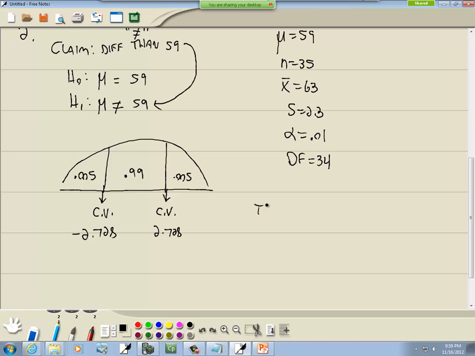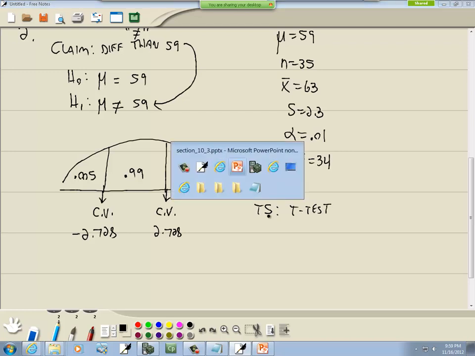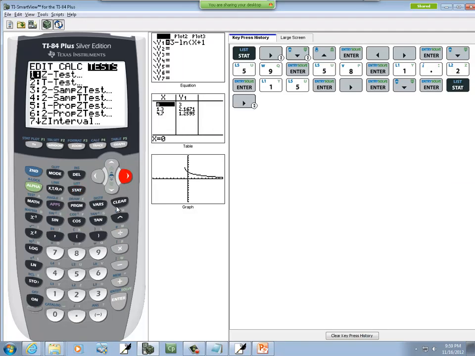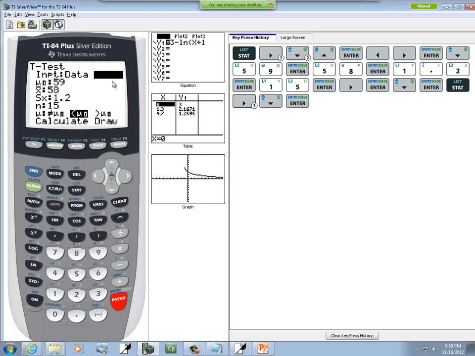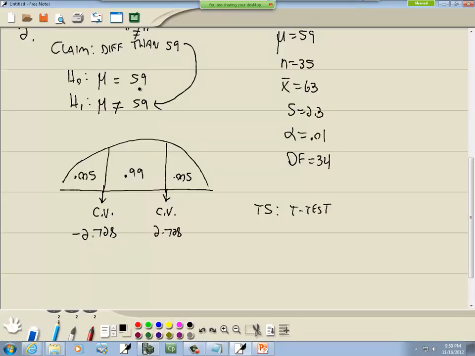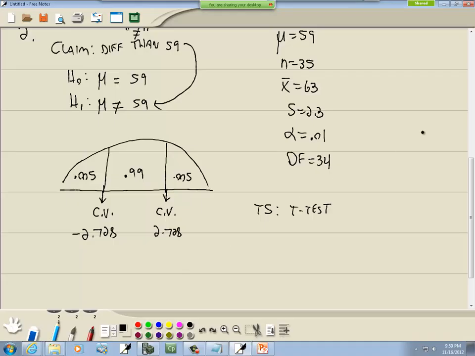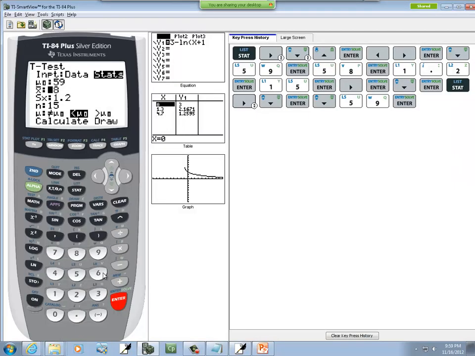Well, let's find our test statistic. We're going to use T-Test for that. So I'll press stat, go to tests, choose T-Test. We're given summary statistics again, so I want Stats highlighted. If it isn't already highlighted, right arrow over to it, press enter on it. Mu naught, that's always a number off your claim, which is 59, which is already there. x bar, 63.